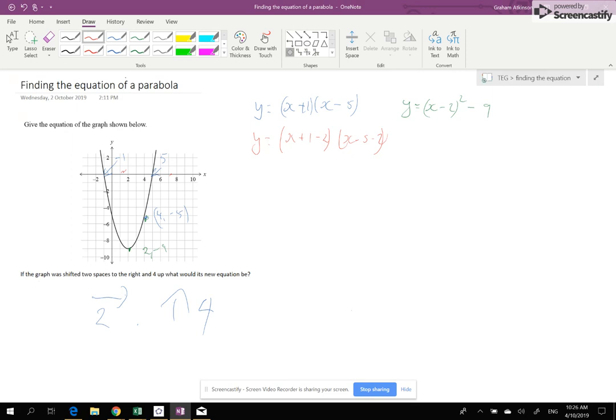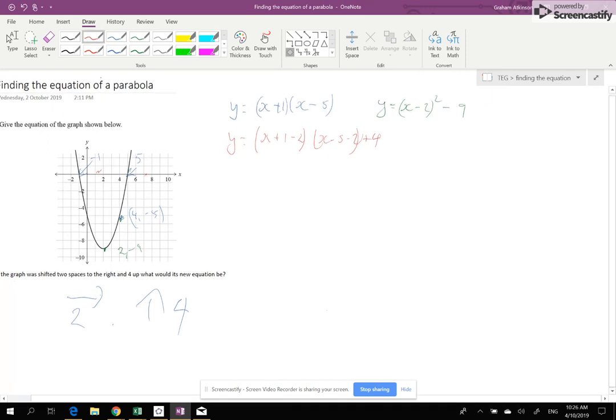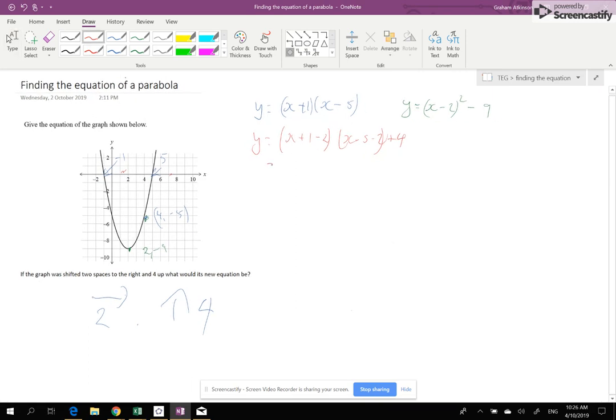Now if I want to move it 4 spaces up, I'm not going to be able to do it in this format easily, so I could just add 4 on the outside. So my new equation would be y equals x minus 1, x minus 7 plus 4.